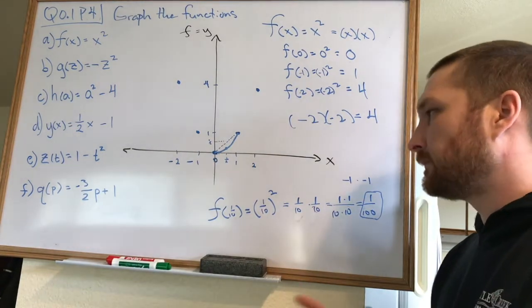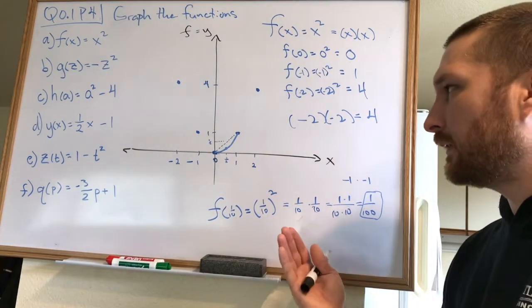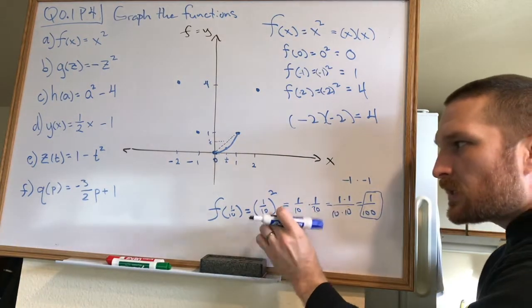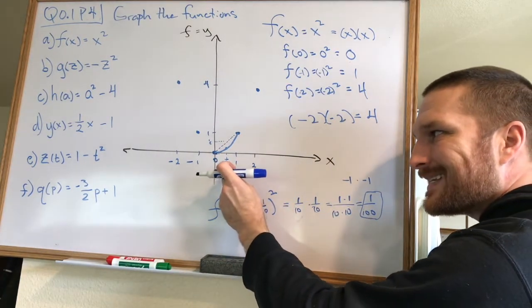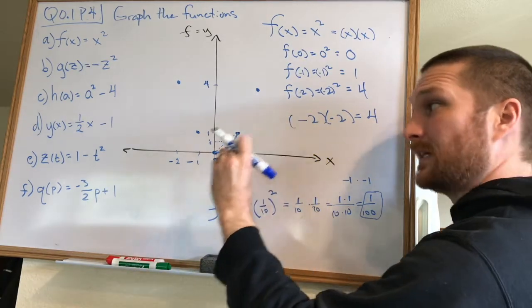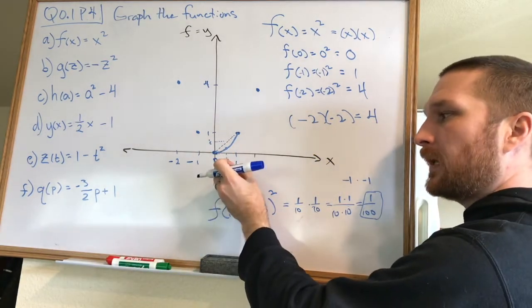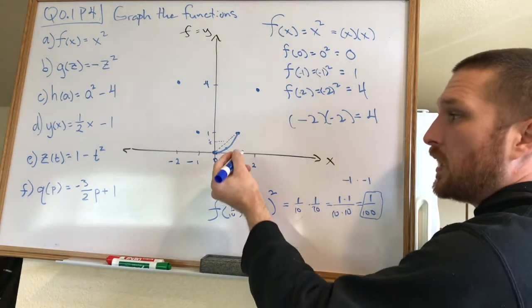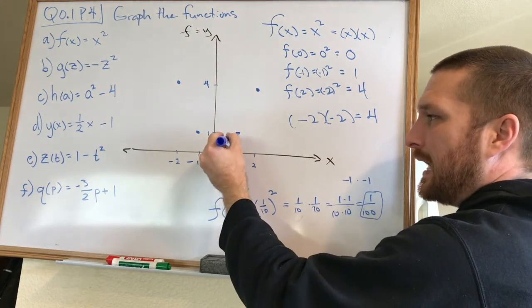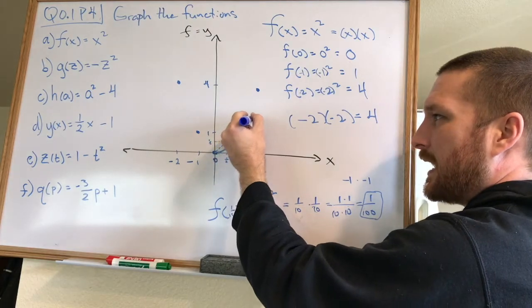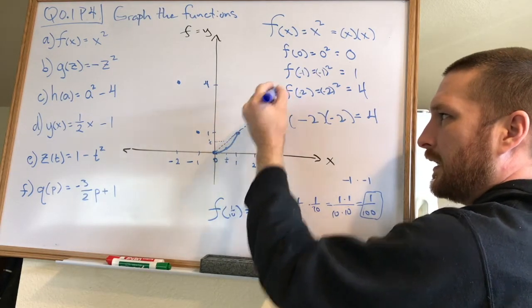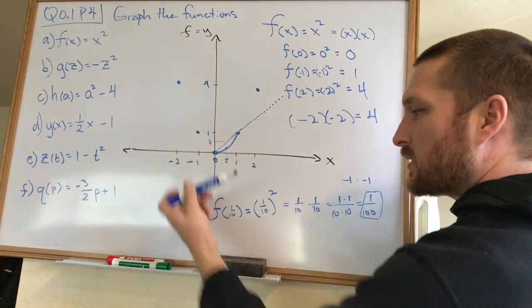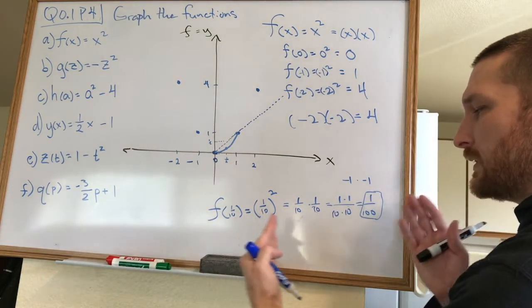Now, okay. What about when it's bigger? We notice what's happening, right? In the same way that when you plug in smaller and smaller numbers less than 1, they get really small, now when you start plugging in bigger numbers, they get even bigger, right? So if this was my original line, just the line y equals x, it was going below the line because when you square a number less than 1, it gets really small.